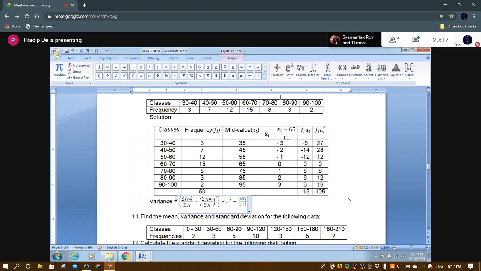Sigma fi ui square 105 divided by sigma fi 50, minus sigma fi ui minus 15 by 50 whole square.